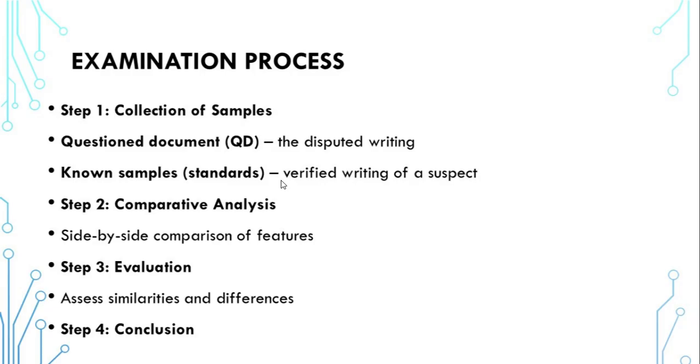For example, in an inconclusive result, it is possible that the known sample is not good enough. Maybe you don't have enough known samples. Maybe you are supposed to use nine or ten signatures, but now you have only one or two signatures.